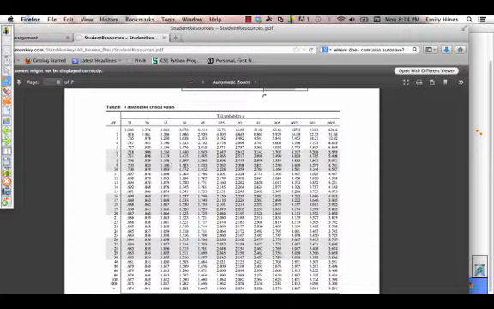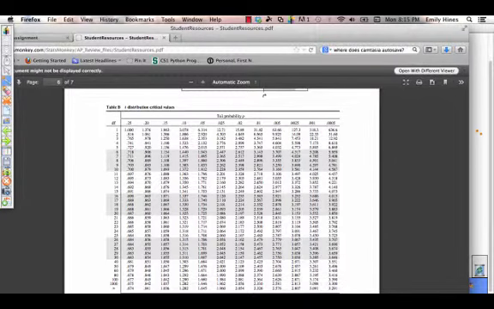And notice that it is less than any of these values, which means that my p-value is going to be greater than 0.25, because notice here, as these values go this way, they increase, which means that since it has to be to this side, it would be greater than 0.25.